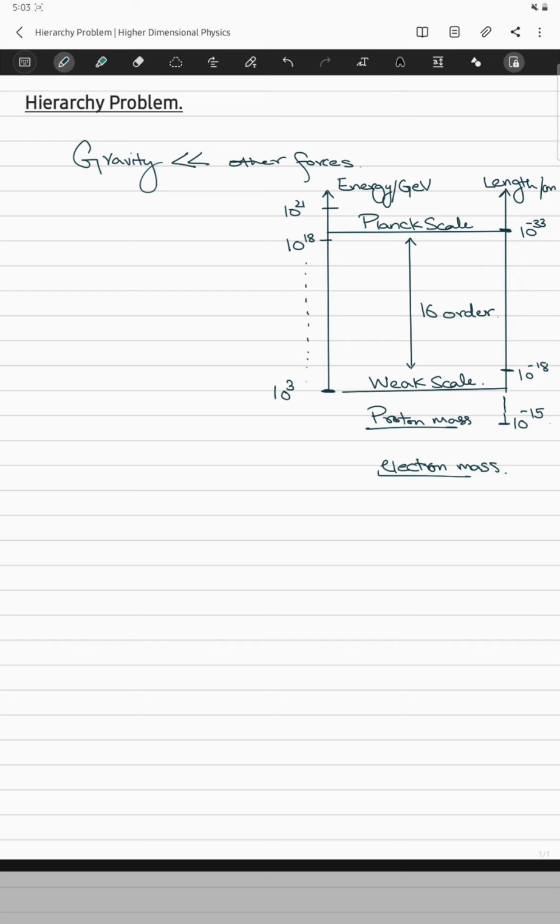So I'm going to talk about extra dimensions now, and you will get my point. Building up our concepts of extra dimensions using this hierarchy problem, in the next lecture we'll go towards the Kaluza-Klein theory, where you will see how to deal with these things in the Kaluza-Klein framework.